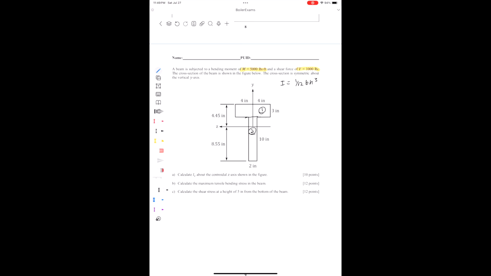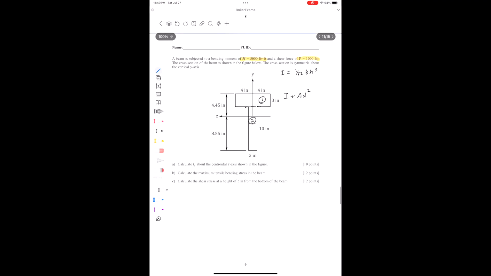So the parallel axis theorem is I plus AD squared for any shape, A being the area of the shape, and D being the distance of the shape's centroid from whatever axis you are finding your moment of inertia with respect to.